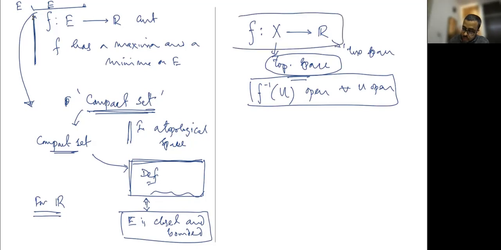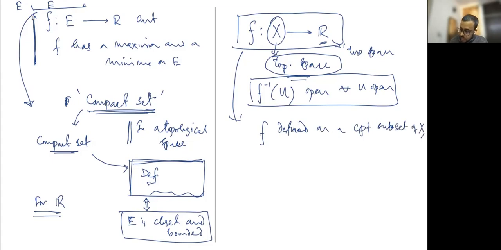Now suppose you have this situation where this is a general topological space, but on the right side is R. Here if F is defined on a compact subset of X, then F has a maxima and a minima.